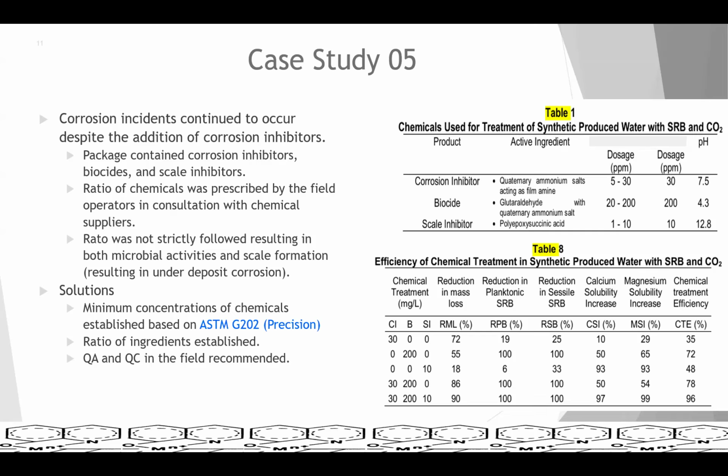As a consequence, he established the ratio of ingredients. More importantly, he established quality control in the field so that the prescribed dosage is applied. Again, as I said, this was published in a NACE conference a few years ago.